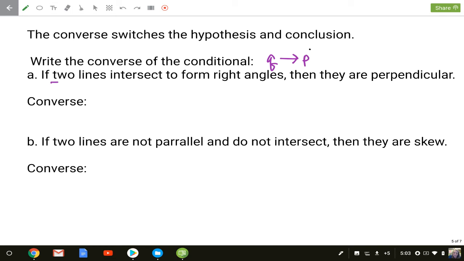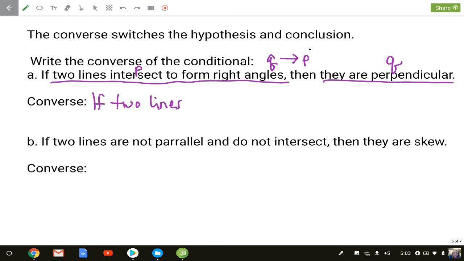In the first one, if two lines intersect to form right angles, the part following the if is my P, the hypothesis. Then they are perpendicular, the part following the then, is my conclusion. So I'm going to switch them and put the Q after the if and the P after the then. So: if two lines are perpendicular, then they intersect to form right angles. I'm going to use my symbol so I don't have to write as much.